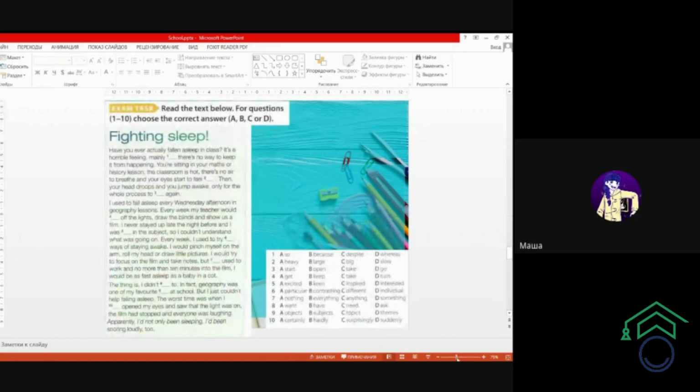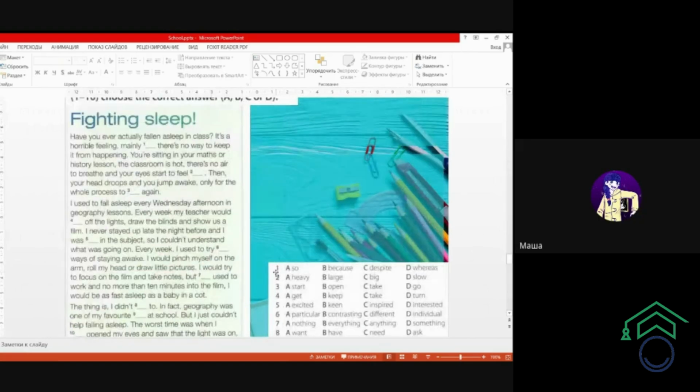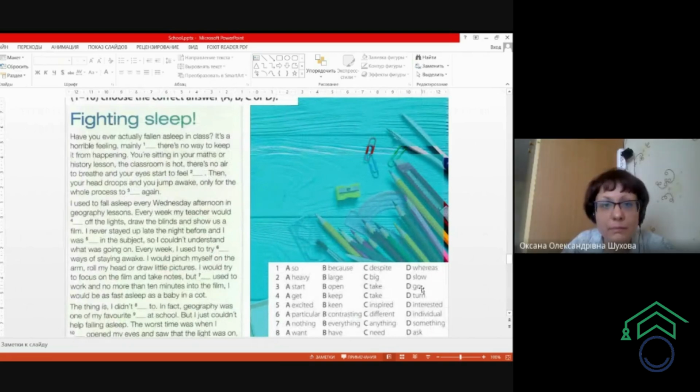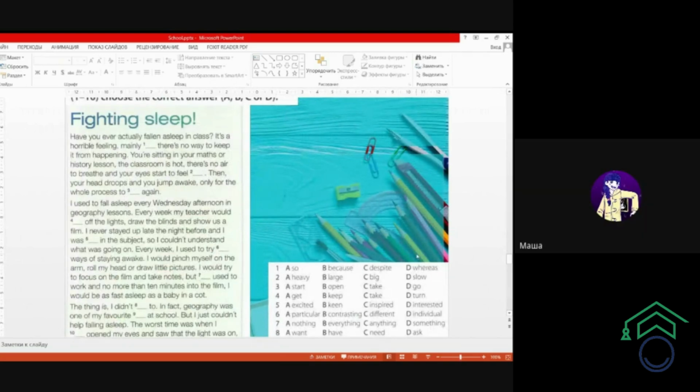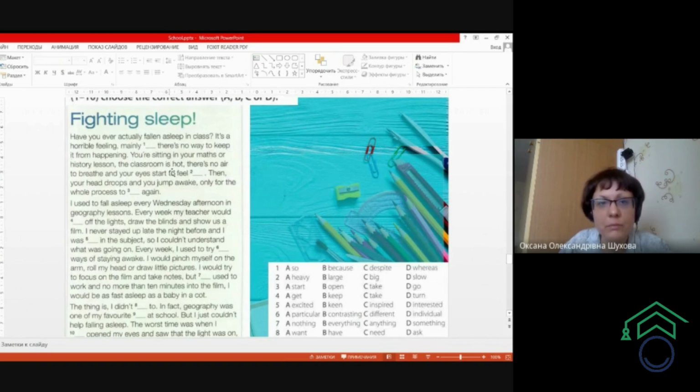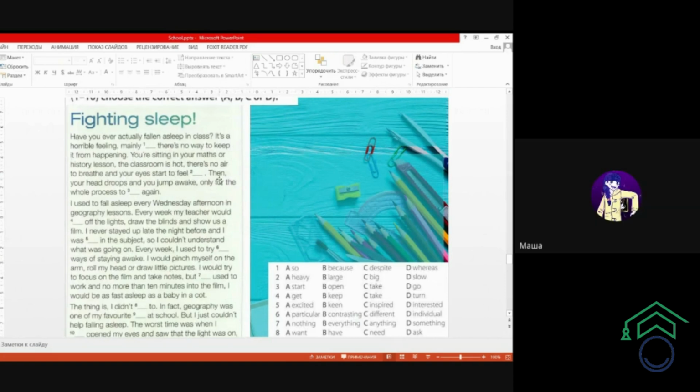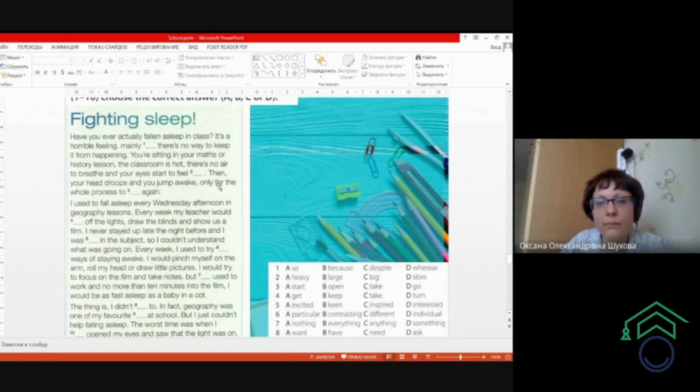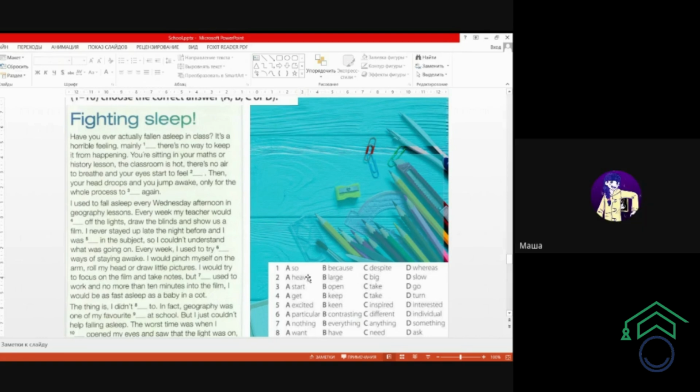It's a horrible feeling, mainly because it's about the reason. Okay, because read the text up to the end. Because there is no way to keep it from happening. Тобто so, як воно перекладається? Може перекладатися як Тому що теж.